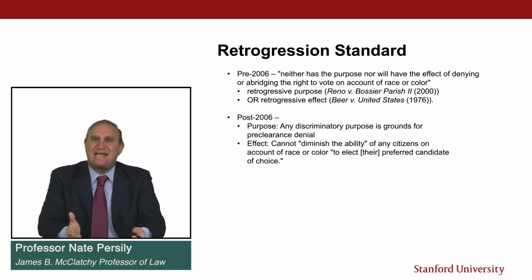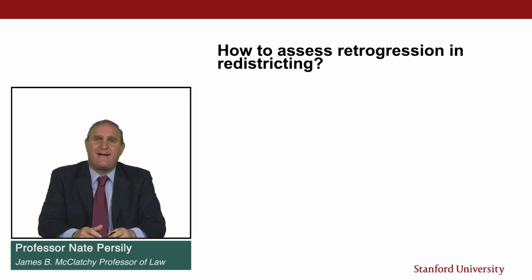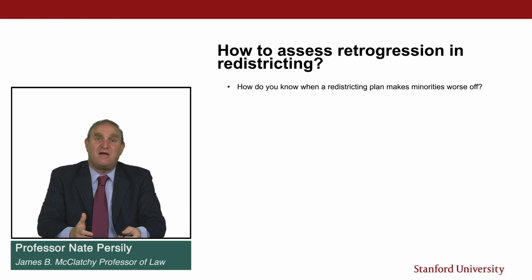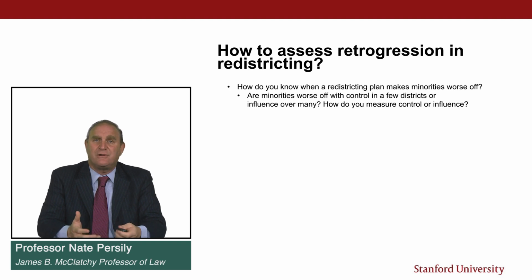So how do you assess retrogression in the redistricting context? Because people disagree as to what types of districting plans make minorities worse off. For example, are minorities worse off with control in a few districts or influence over many districts? How do you measure control or influence? Sometimes a group may want to spread their population across many districts as opposed to over-concentrating them into too few.